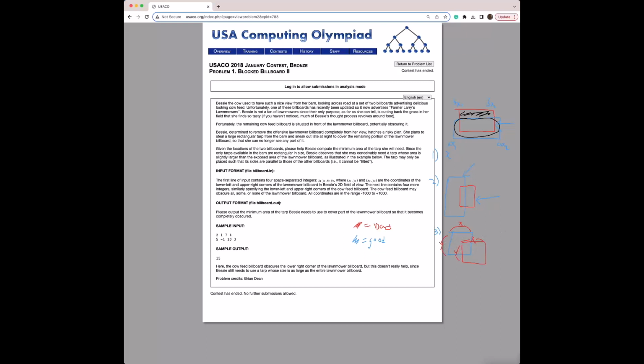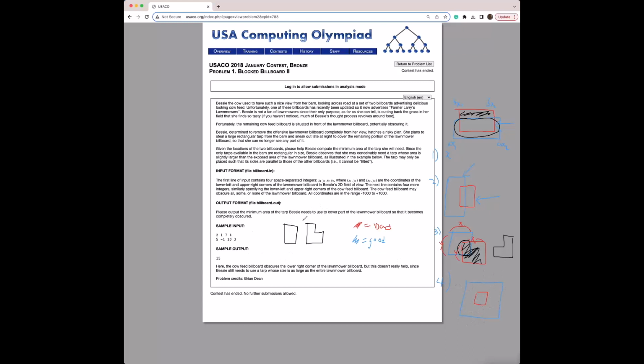Since we can't have a tarp that is not in a rectangular shape, we'd need to cover the entire billboard, even though this area is covered, because obviously the tarp can't be shaped like this. And the fourth major case is when the good billboard is just overlapping the entire bad billboard. And so in this case we would not need any tarp to cover it up.